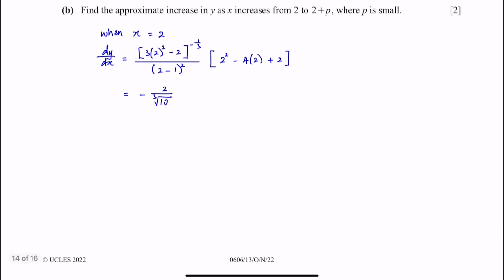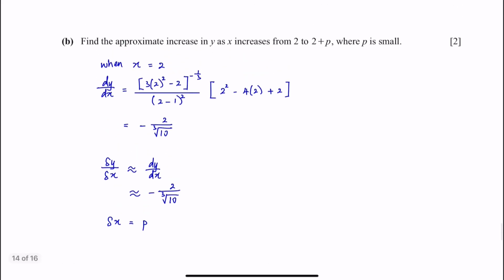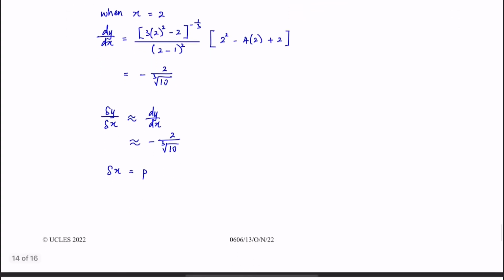So the approximate increase in y over the approximate increase in x is about the value of dy/dx. So this is around negative 2 over cube root of 10. And since x increases from 2 to 2 plus p, that means p is the approximate increase in x.